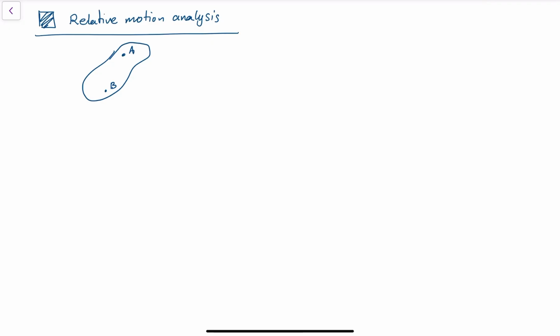It is undergoing general plane motion. And for simplicity, let's pretend we know the motion of A, for instance, a random point on the body. And we know the rotational motion of the entire body.